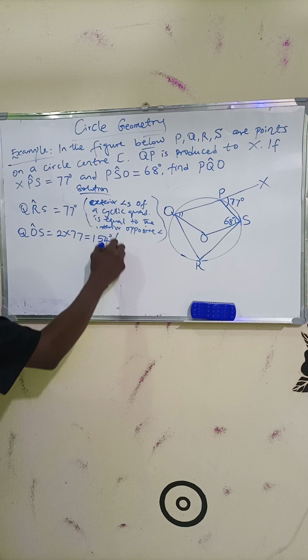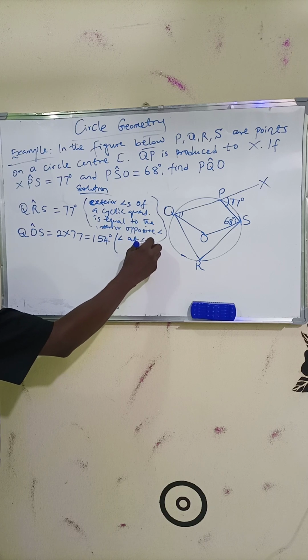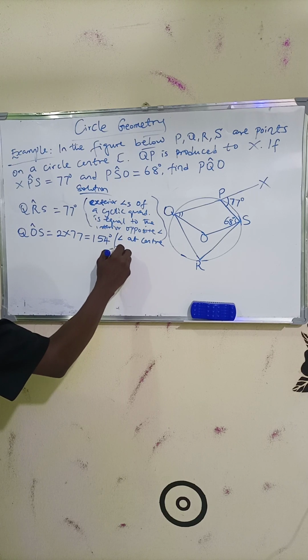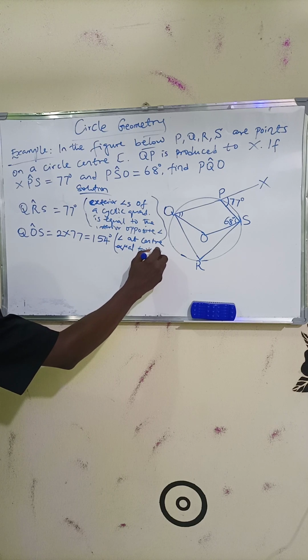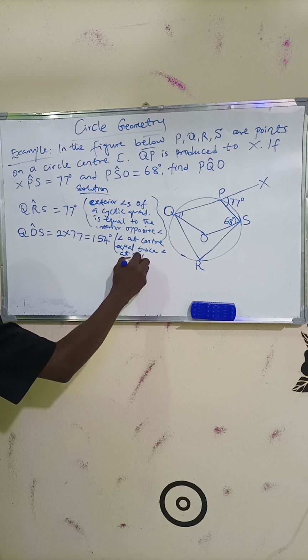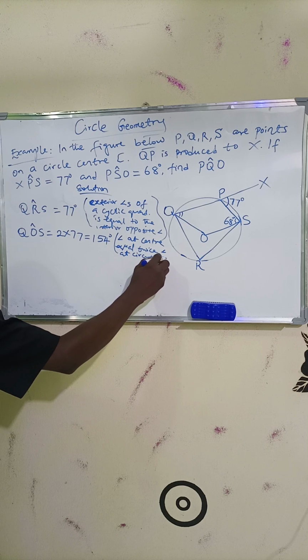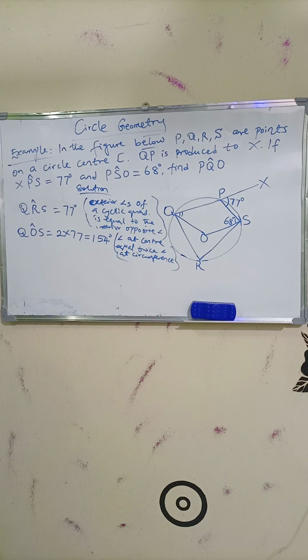Our reason is angle at center equals twice angle at circumference. That is the reason we are using: the angle at the center of the circle is twice the angle at the circumference.